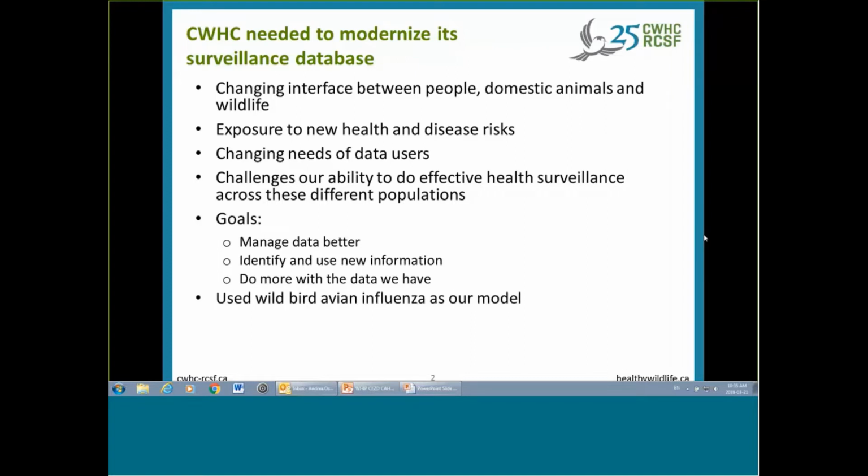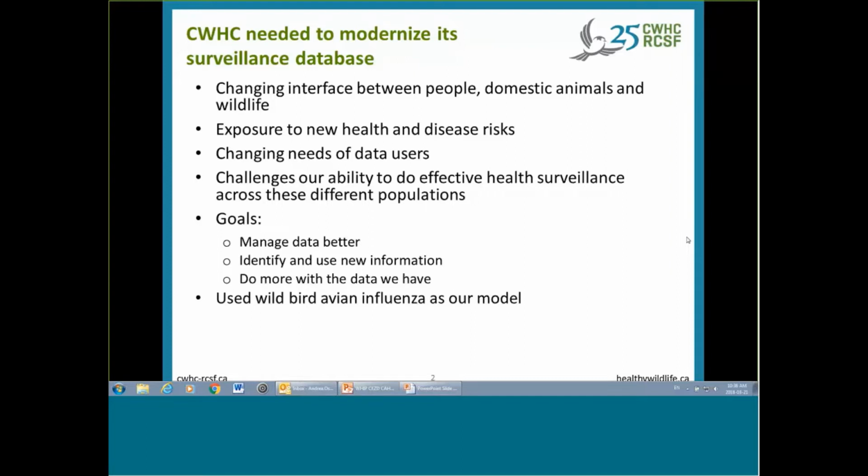This project that Michelle's been working on is one part of that larger project to really improve our wildlife health surveillance across Canada. Our goals with that project, called the Wildlife Health Information Platform, are really to manage data better, identify and use new information, and do more with the data we have. In this particular case, we're using wild bird avian influenza as a model for that.